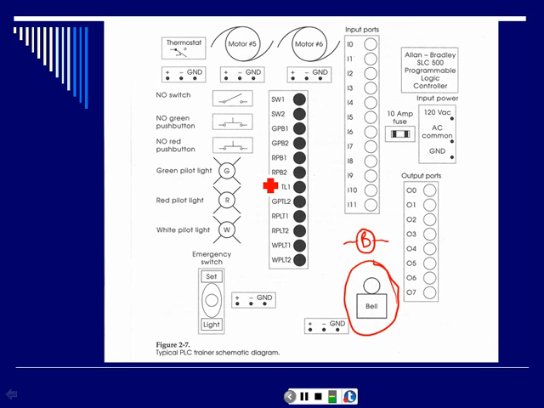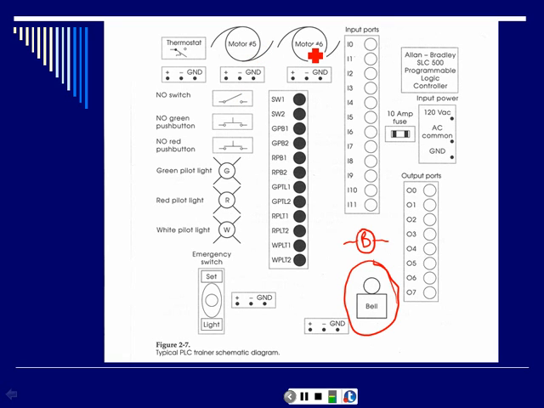They are calling this typical PLC trainer schematic diagram or components, I/O components, input-output components. I have the old name, I'm sorry. But just glancing at this, they're showing it to you as motor control components, okay?